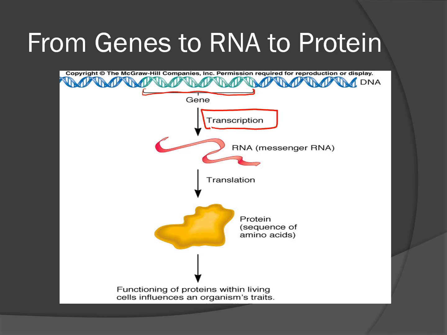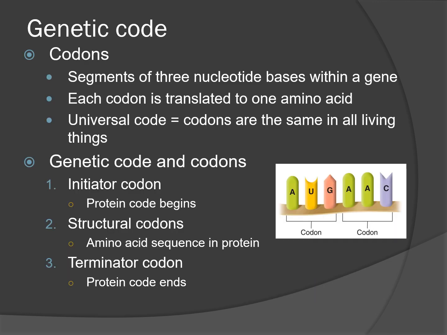So this would say the gene for insulin. We go through transcription where we make RNA that's complementary to that gene for insulin. And that's the process of transcription. That RNA leaves the nucleus, goes out to the cytoplasm where we would make the protein insulin using the instructions from RNA, which actually came from DNA.